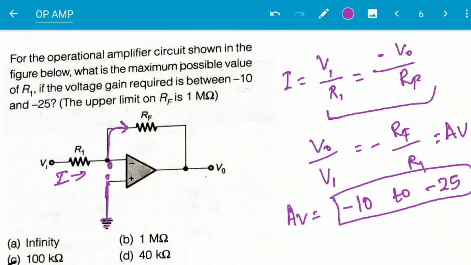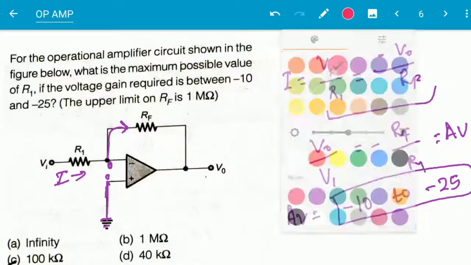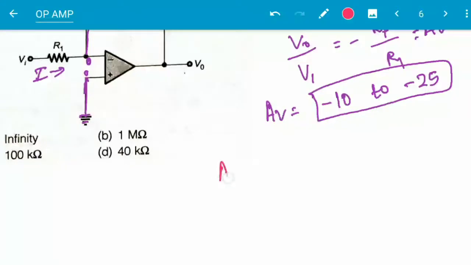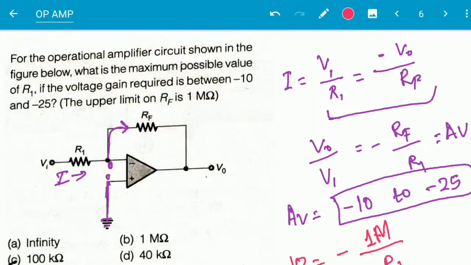For the first one, AV is equal to minus 10, which is minus 1 mega ohm by R1, because Rf is given as 1 mega ohm.